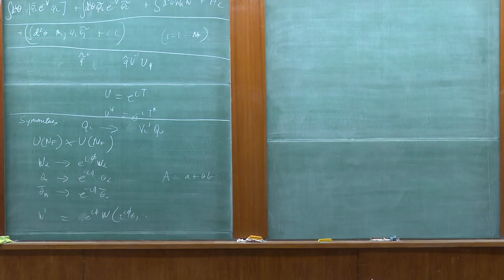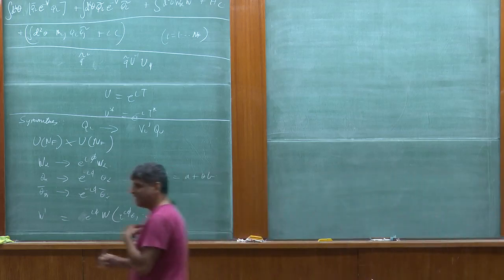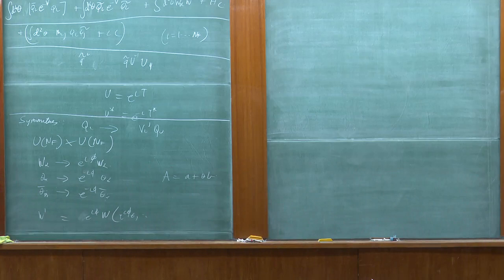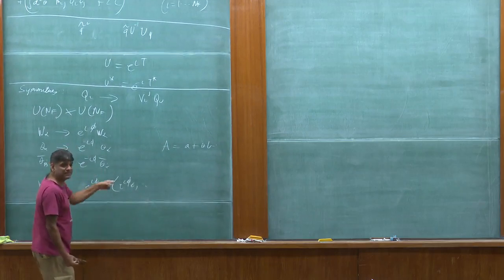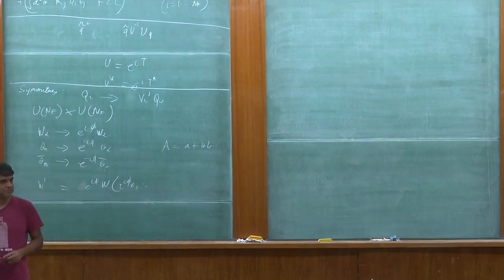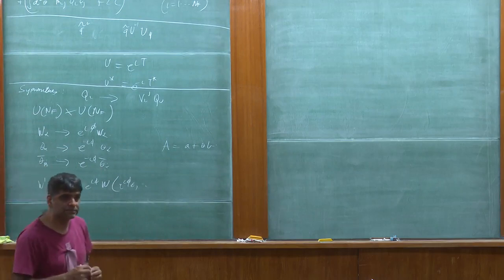Is this clear? Okay, so W alpha started with lambda alpha, and so the charge of W alpha is the same as the charge of lambda alpha. Okay, all good?